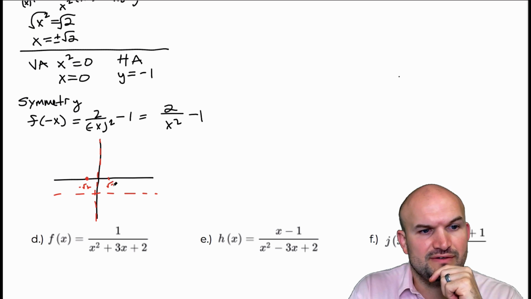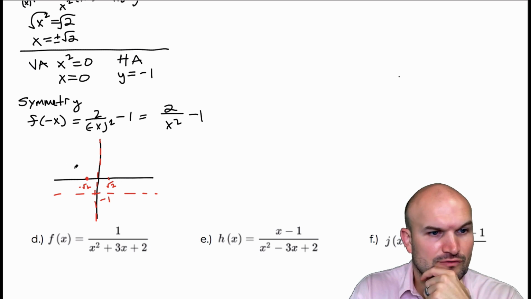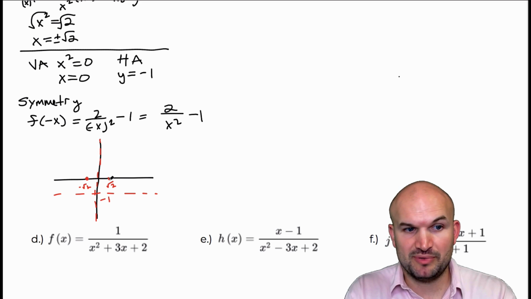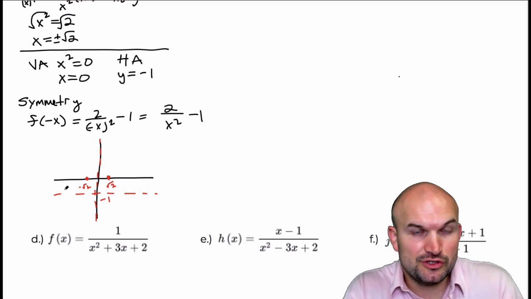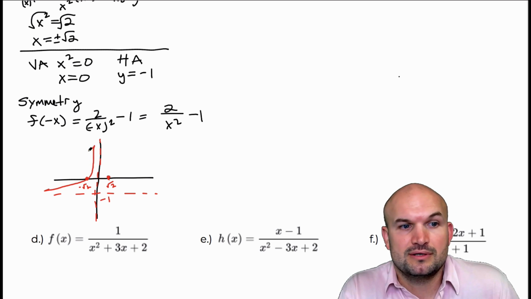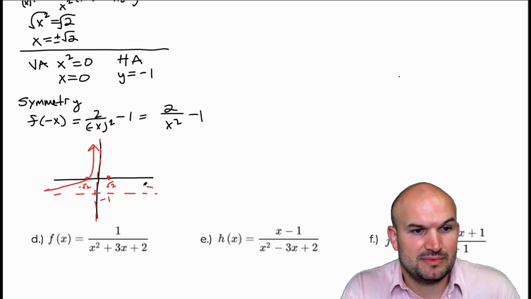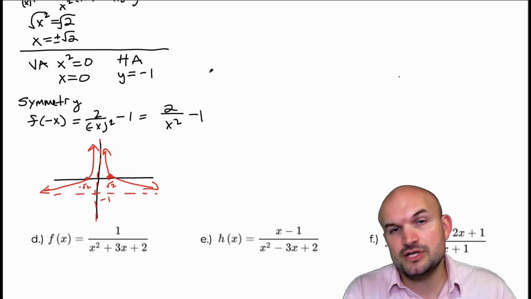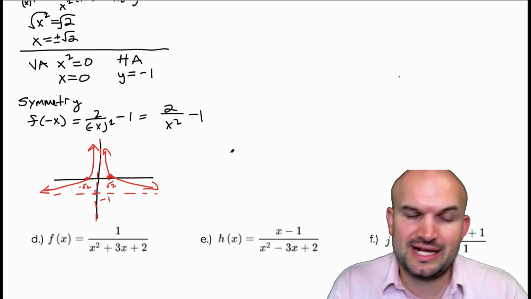This would be positive square root of 2. That's obviously at -1. So the graph is approaching this asymptote and approaching this asymptote. You could do a table of values, but since I know the graph has to approach these two asymptotes, I'm just going to do something that's going to look something like that. It's not perfect, and it has to be symmetrical as well. So there's a rough understanding for these.